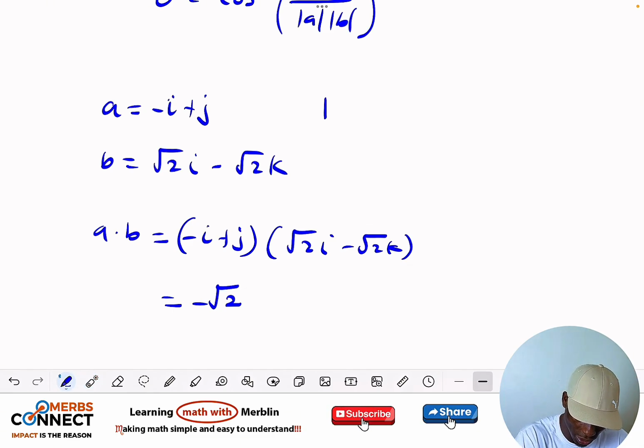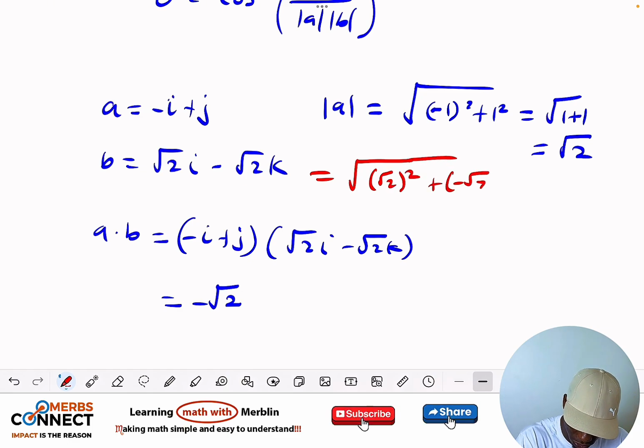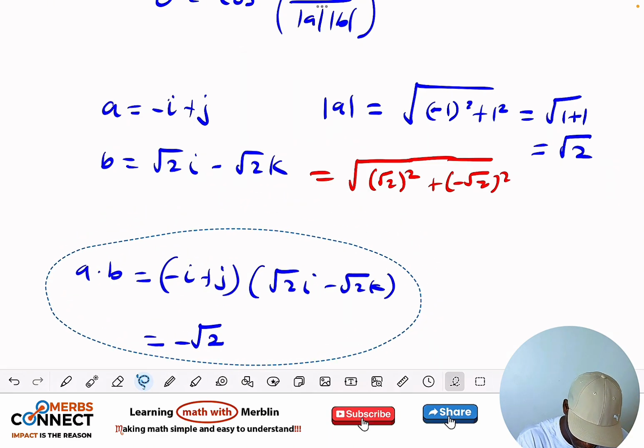Now let's find magnitude of A. This is square root of minus 1 squared plus 1 squared. This is square root of 1 plus 1, and this is going to give us square root of 2. Now here, let's also find the magnitude of B. Magnitude of this is going to be square root of square root of 2 squared plus minus square root of 2 squared. And guess what we are going to get from here?